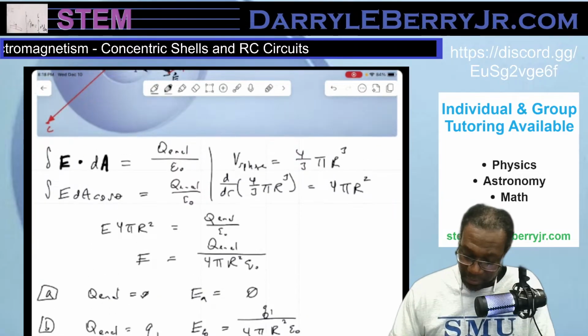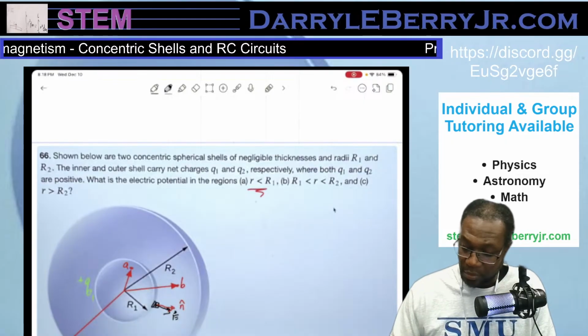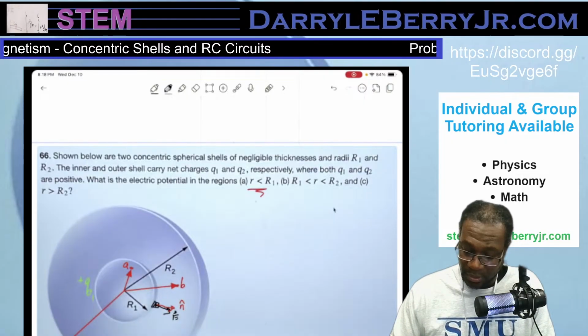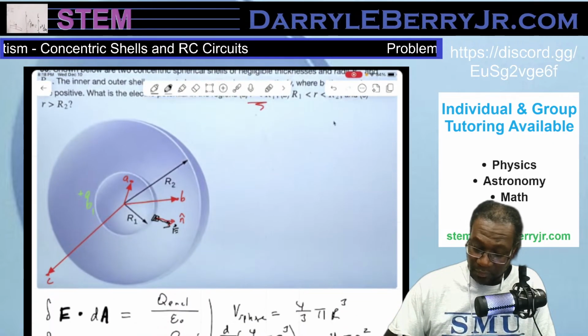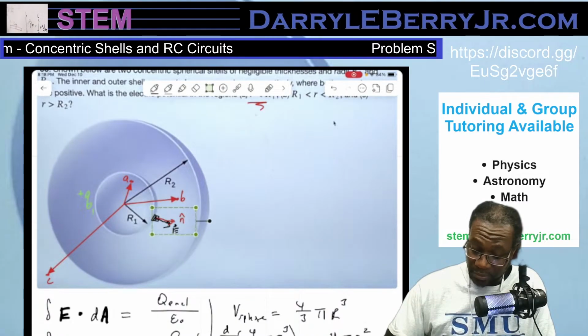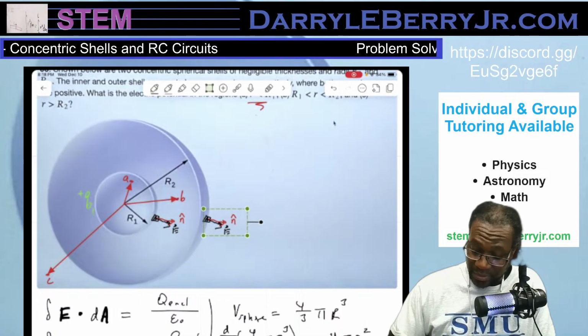Now, thinking about this, the inner shell carries Q, the outer shell carries Q charge. Both are positive. So that means the electric field of the inside one is going outward, and the electric field of the outside one is doing the exact same thing.